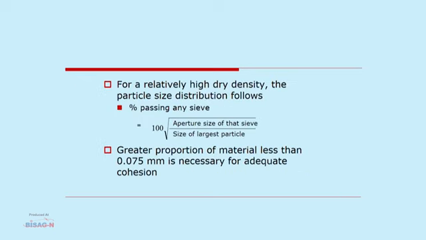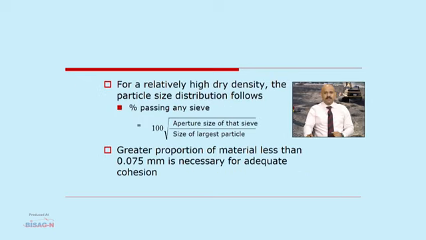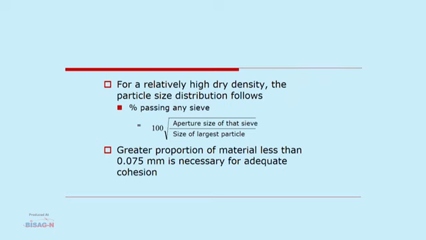For relatively high density, the particle size distribution formula is: percentage passing any sieve equals 100 times the square root of the aperture size of the sieve divided by the size of the largest particle. A greater proportion of material less than 0.07 mm is necessary for adequate cohesion.